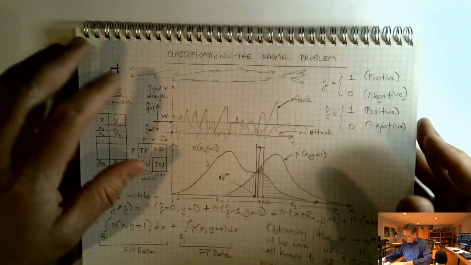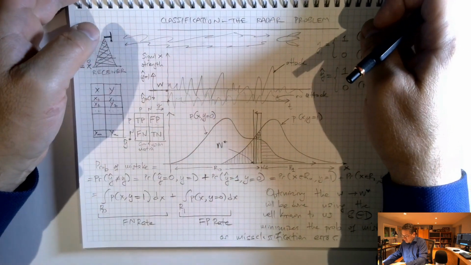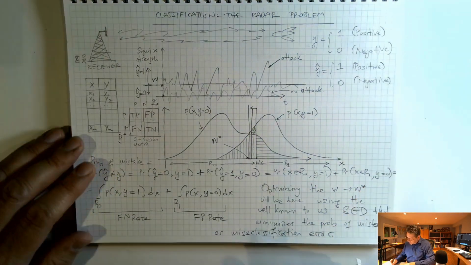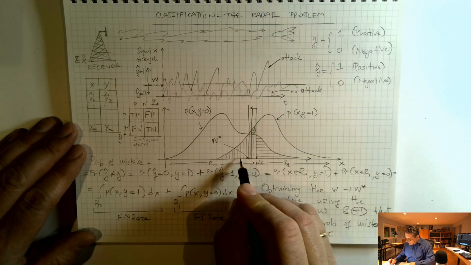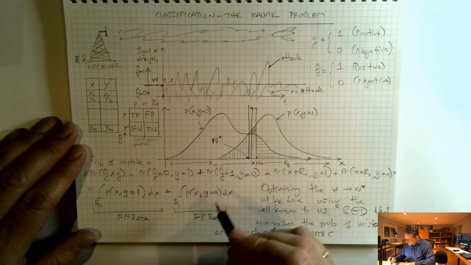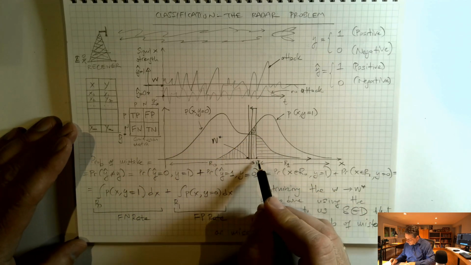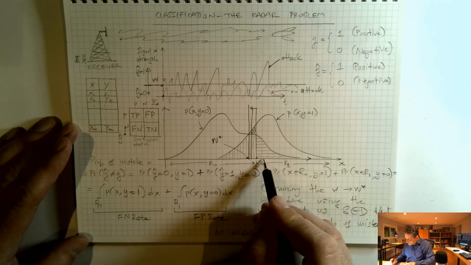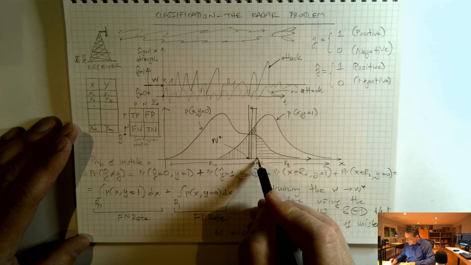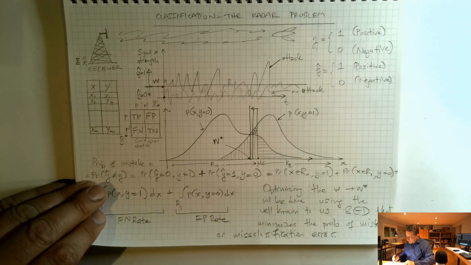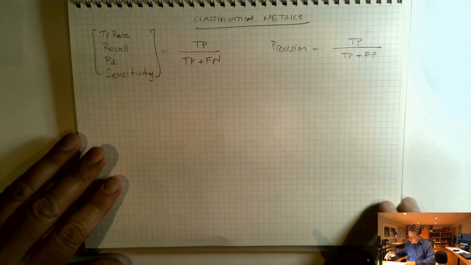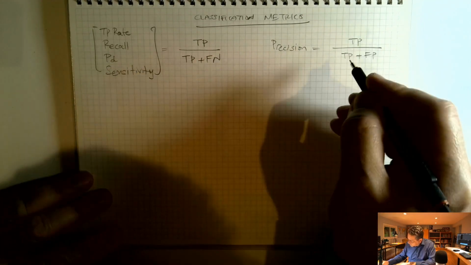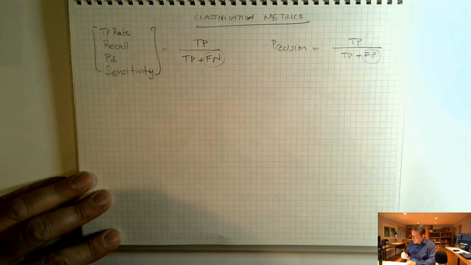As we were moving the value of the threshold W, we were changing the areas under those two histograms. And of course, we were trading off false positives for false negatives in our attempt to find the optimal W. In a very similar way, now that we have those metrics, the trade-off between false positives and false negatives is evident in the following trade-off.